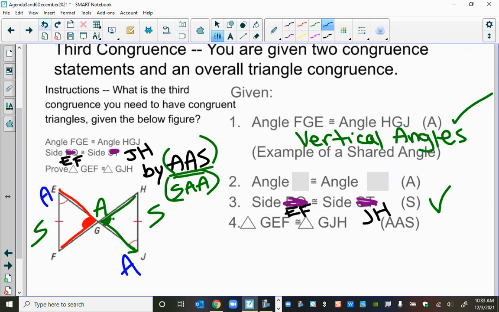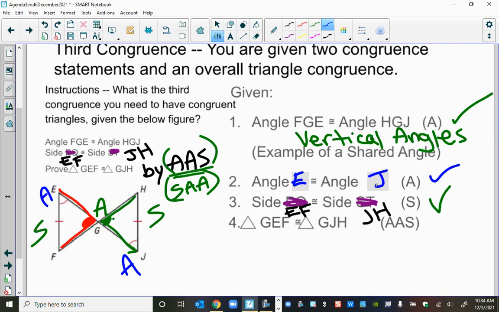Now, in the end, I kind of messed up on this one. You know why? Because what should have happened, I looked at this problem now, I realized I should have given you these two, then you get the other angle. I did this example backwards. So this is kind of my fault.